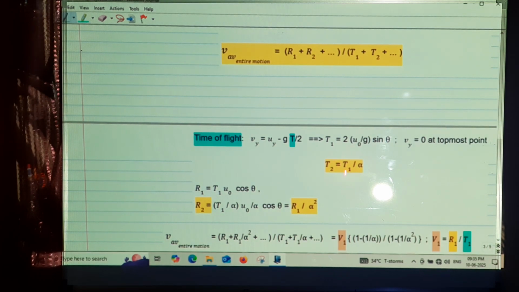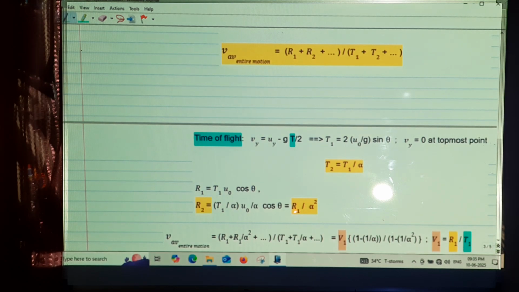Theta is the same. So T2 will be T1 by alpha. Range is horizontal velocity, U0 cos theta, times the time. In the second part, the time is going down by a factor alpha, so T1 by alpha, and the velocity is also dropping by factor alpha. So R2 will be R1 by alpha square.